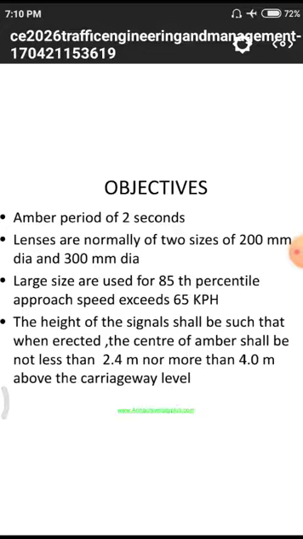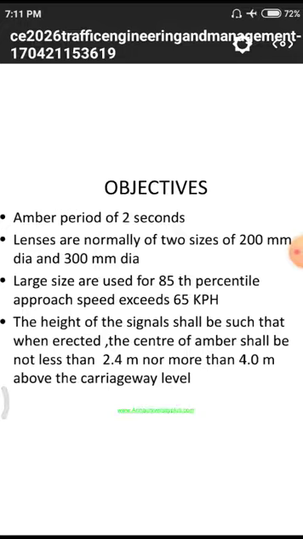In those road networks we use these traffic signals to control the traffic, wherever there is a junction, that means wherever four roads from four districts join at a particular point. At those traffic signals also we may have a vehicular speed of 65 kilometers per hour, so there may be use of the large size of these lenses.